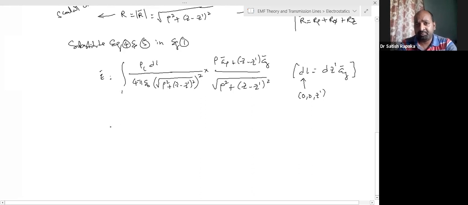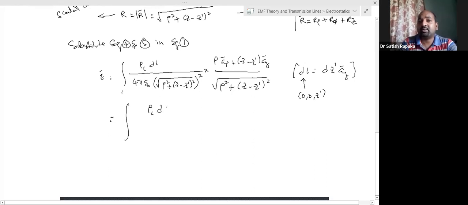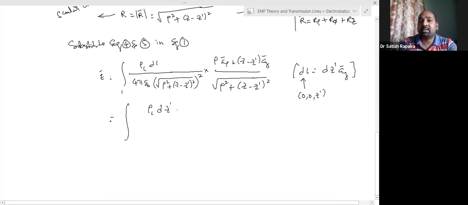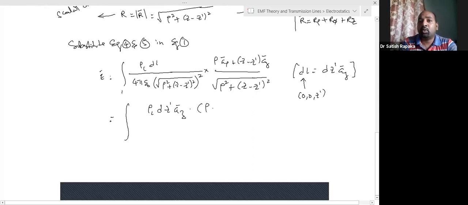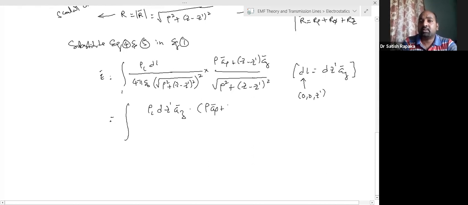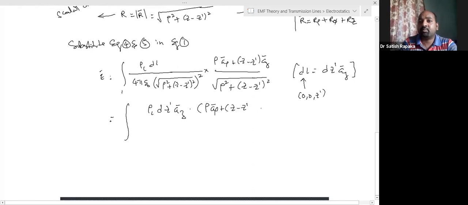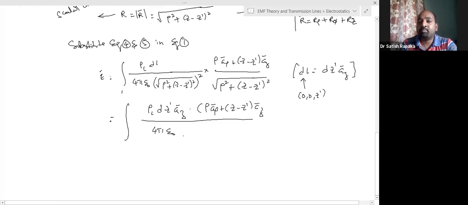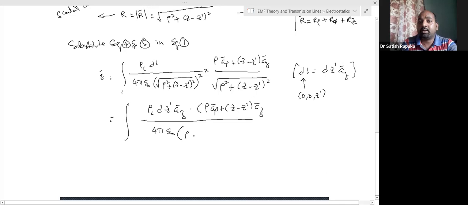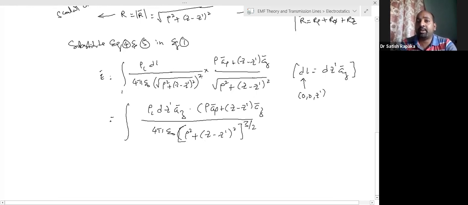If we simplify and substitute all those values, we will get this: rho_L dz dash a_z bar into rho a_rho bar plus (z minus z dash) a_z bar, divided by 4 pi epsilon naught, into rho square plus (z minus z dash) whole square to the power 3 by 2. Here the square and the square root get cancelled, so together we get power 3 by 2.